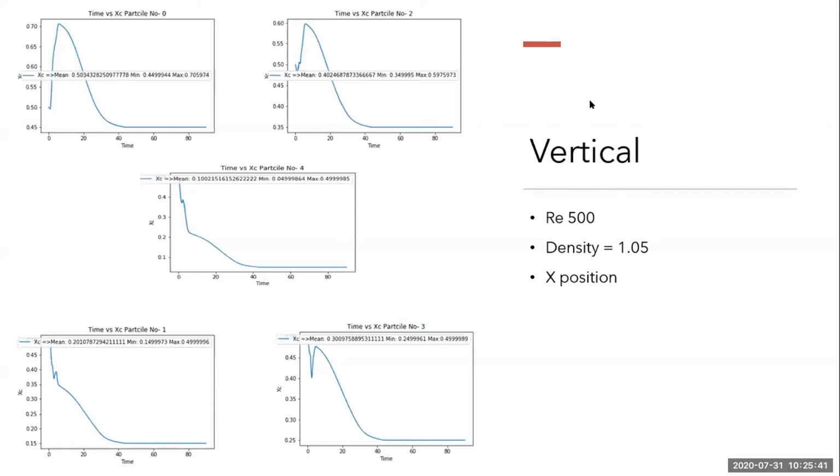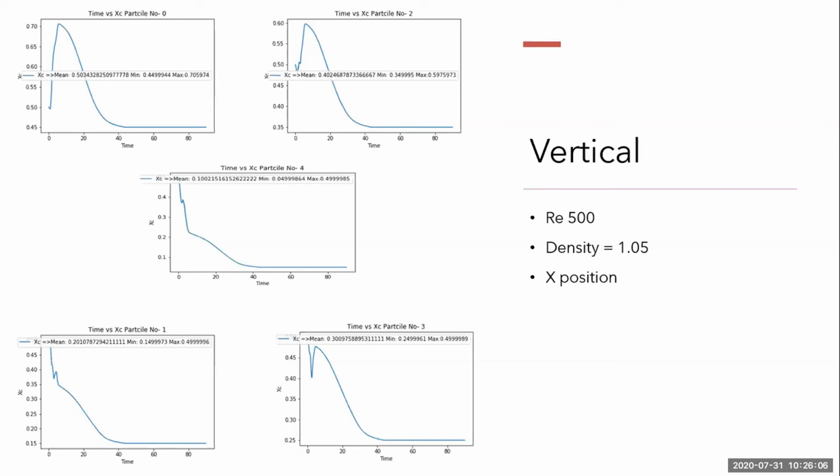This is another graph of position versus time, but in this case, the particles were aligned on the horizontal axis, and the Reynolds number was again 500, but the solid density was slightly different, which was 1.05. There is not much of a change.